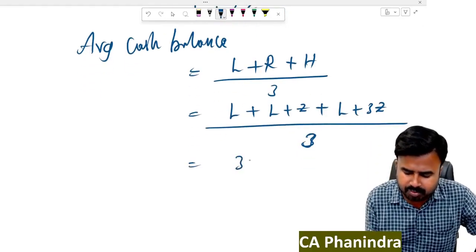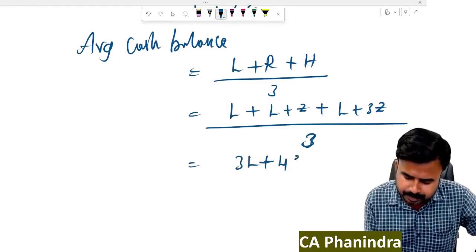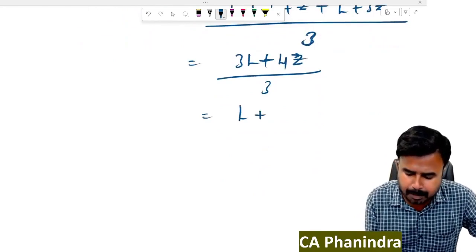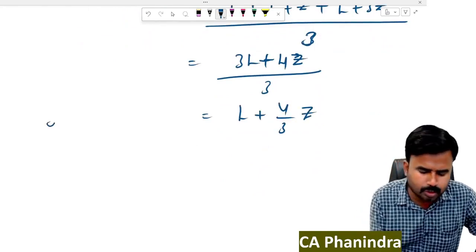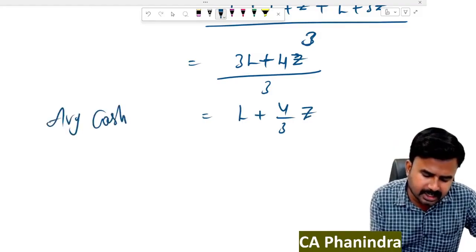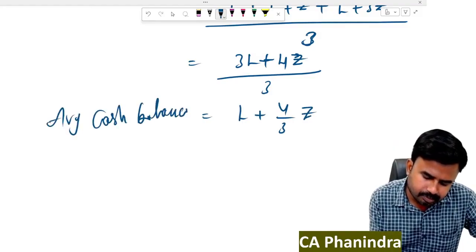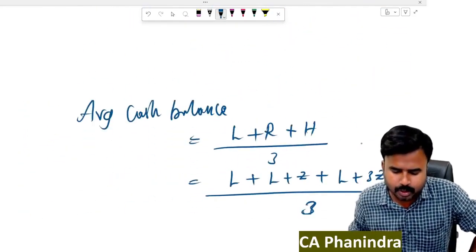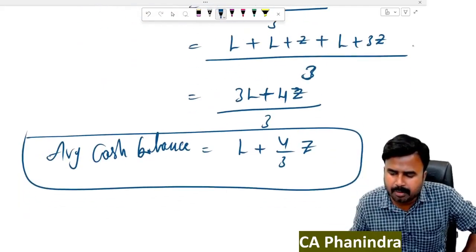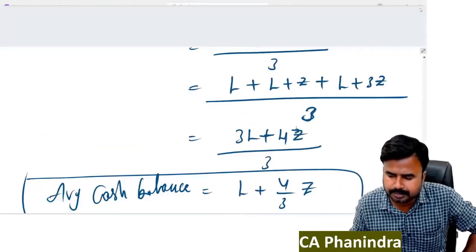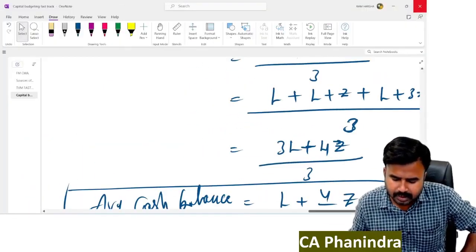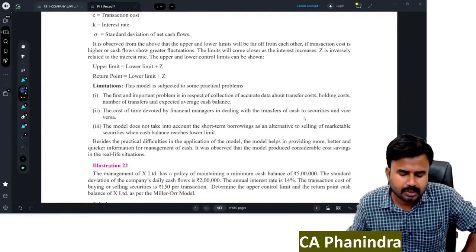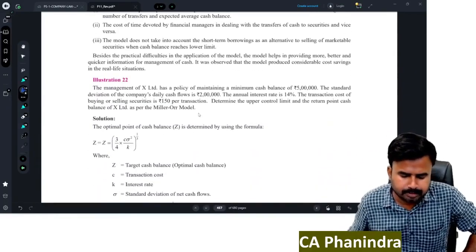And from this I can write 3L plus 4Z divided by 3. Then I can write this formula as L plus 4 by 3Z. The formula for average cash balance is L plus 4 by 3Z. Okay. So you must remember these formulas for handling the problems. Let me go for one of the problems related to this concept. Here is the problem.